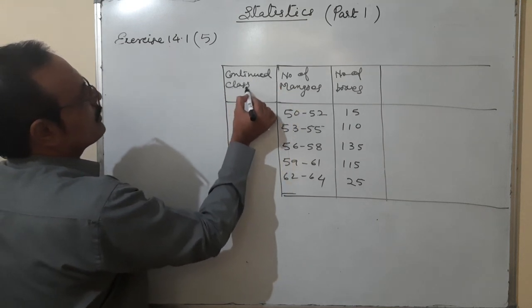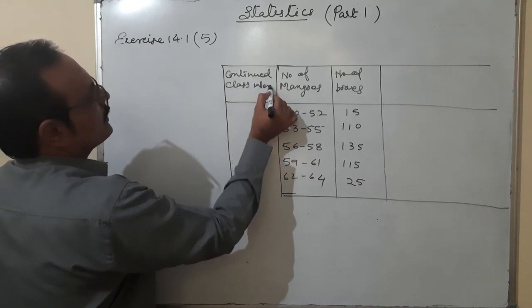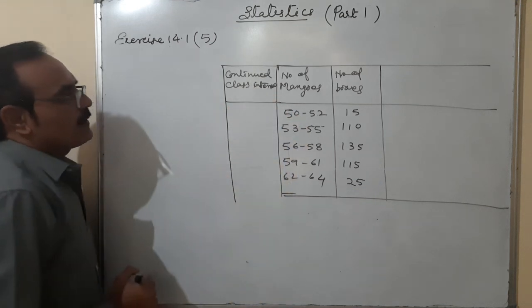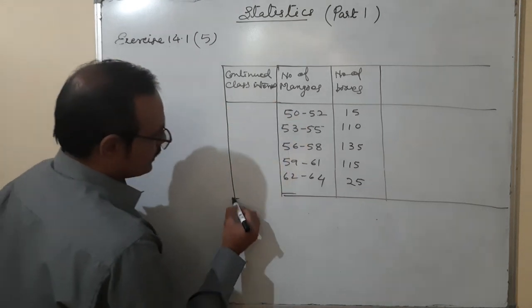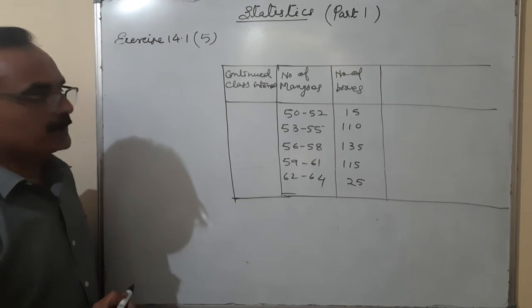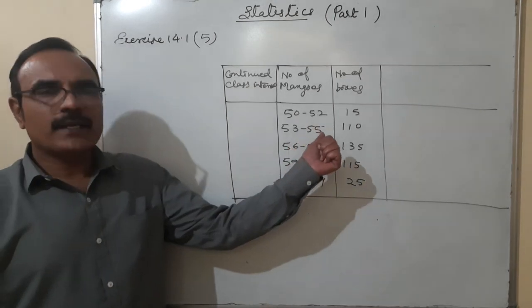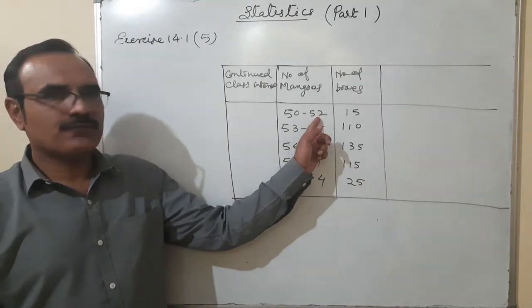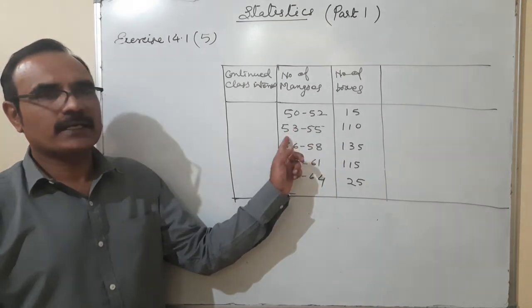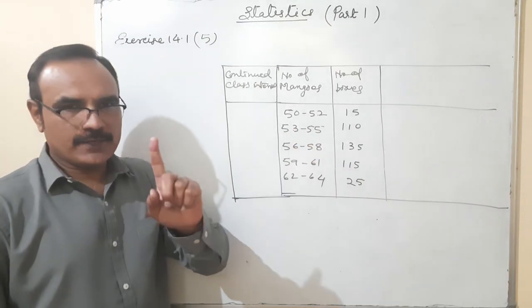For converting, the simplest way, remember, is to take the difference of the upper limit of the first class interval and the lower limit of the second class interval. What is the difference? The difference is 1.